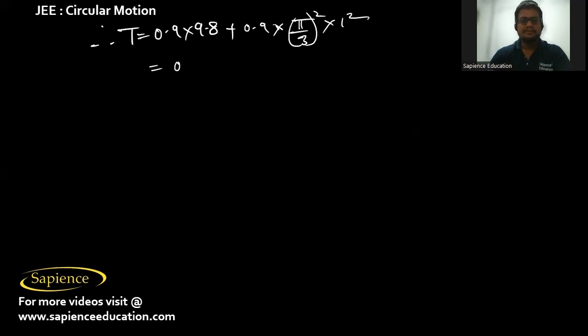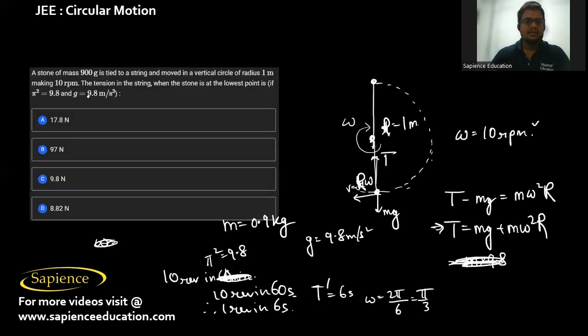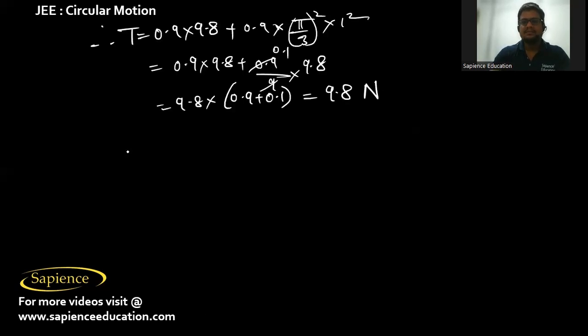So this will be 0.9 into 9.8 plus 0.9 by 9 into pi square, which is also 9.8. So this will be 9.8 into 0.9 plus 0.1. So this is equal to 1. So this is 9.8 Newton. So 9.8 Newton will be the tension in the string when the stone is at the lowest point. Option C is the correct answer.